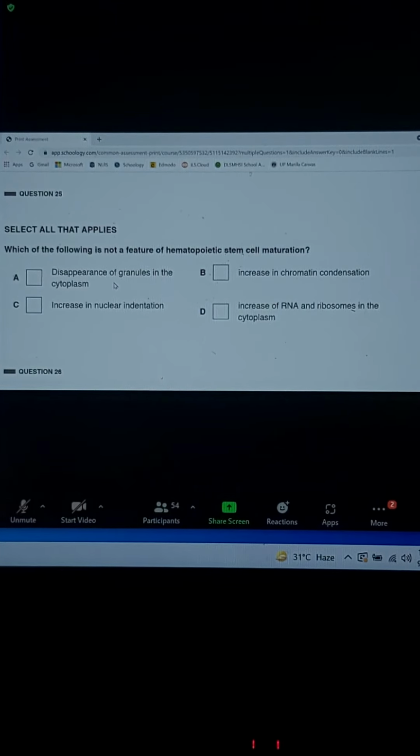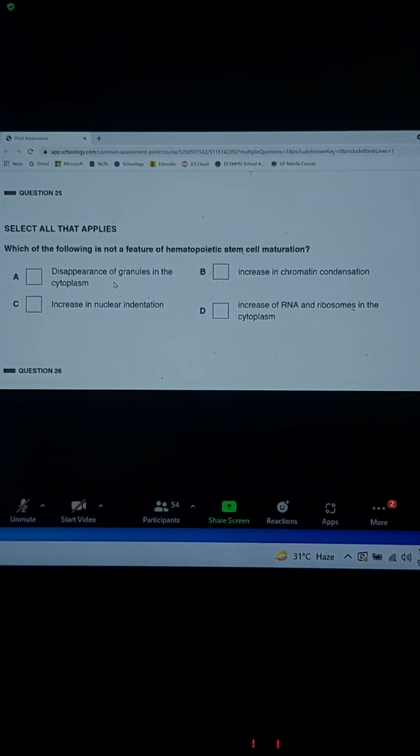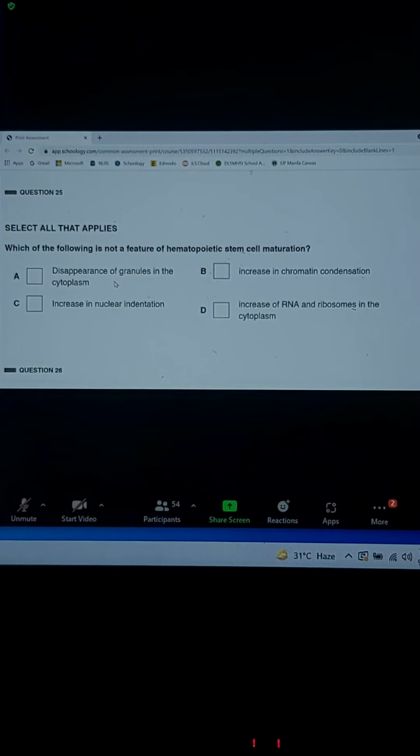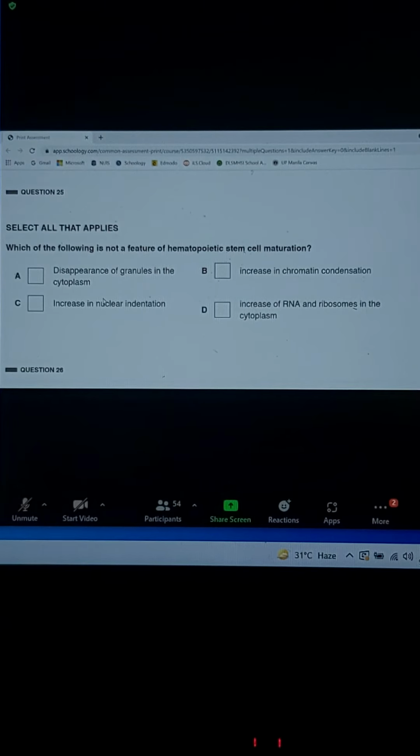Appearance of granules in the cytoplasm. Ang granules ay true particularly sa granulocyte maturation, di ba? Habang nagmamature ang ating mga precursor cells, nag-gain sila ng granules. Kaya letter A is incorrect.